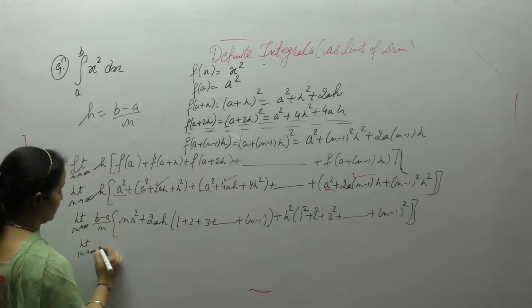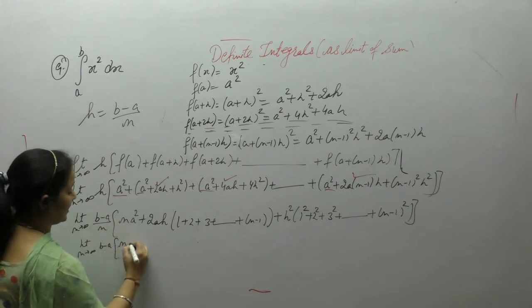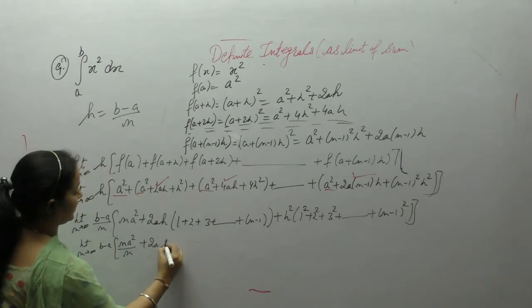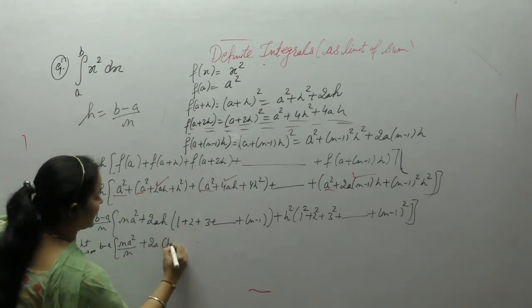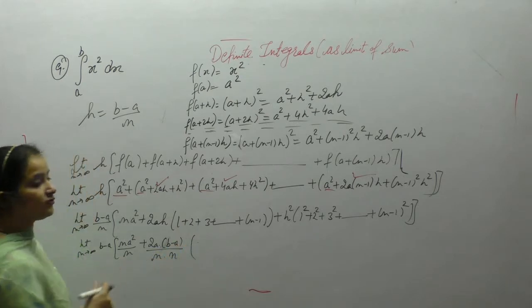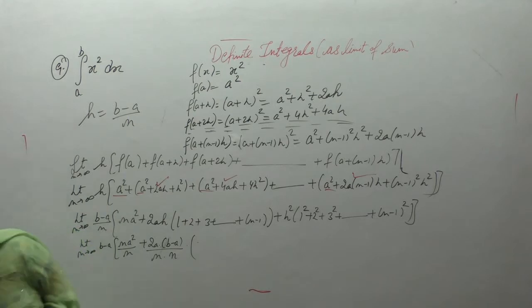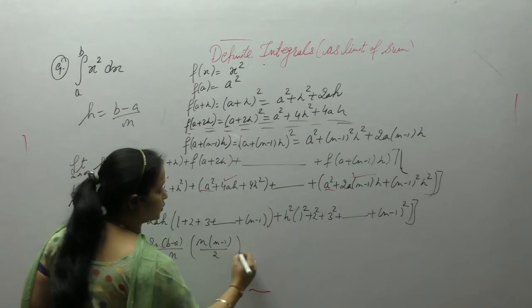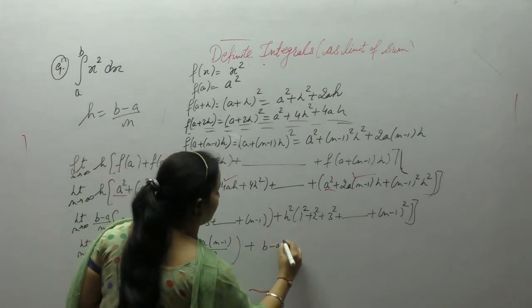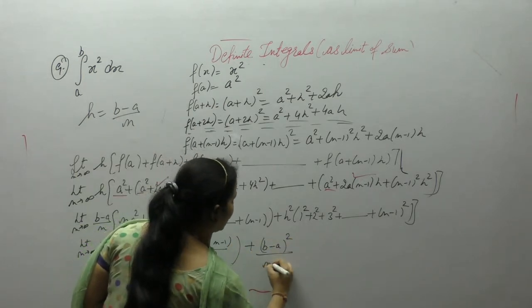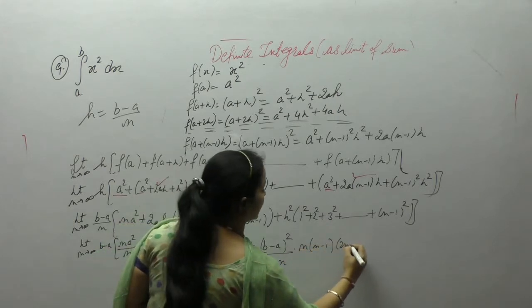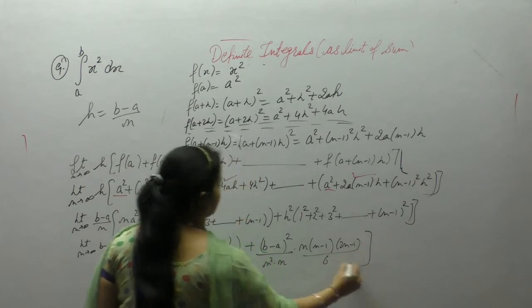Limit n tends to infinity, (b minus a) n a square upon n plus 2a, h is (b minus a) upon n, sum of n minus 1 terms of AP is (n minus 1) by 2, h square is (b minus a) square upon n square, (n minus 1)(2n minus 1) by 6.